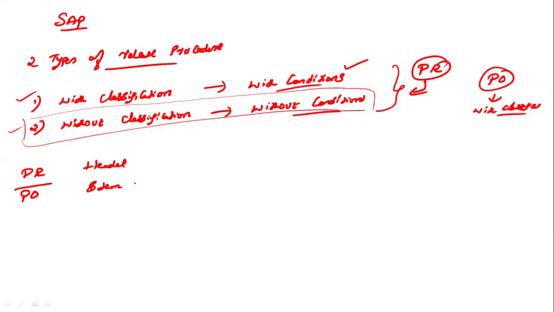What is header? What is item? Can someone tell what is header level? What is item level? We discussed this last week. Header level is you will get data for the purchase organization and the vendor and all those details.